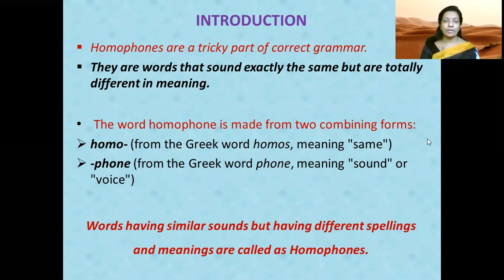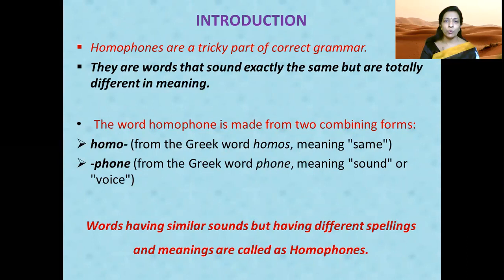If you look at the term homophone, you will see that it is made up of two different words. The first word is homo and the second word is phone. The two words homo and phone combine to form the word homophone.